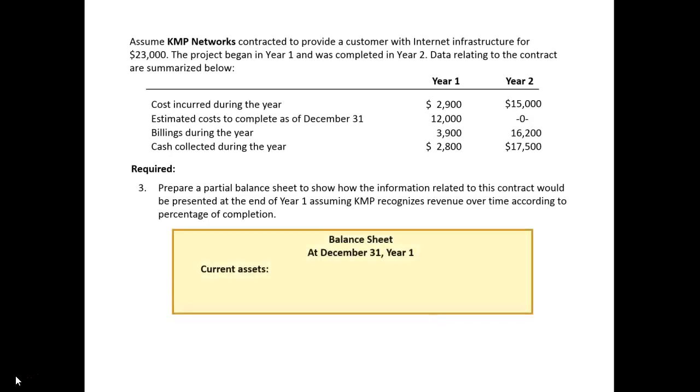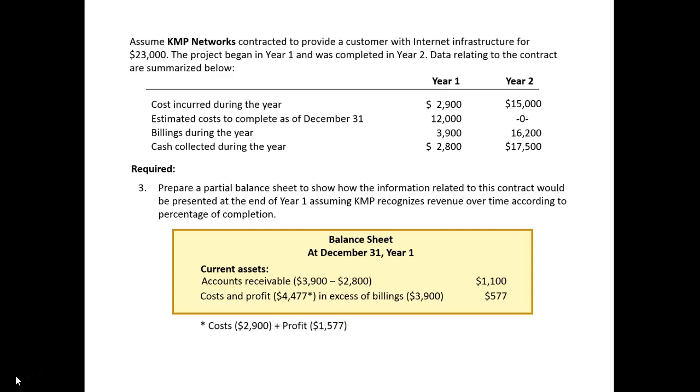We'll prepare a partial balance sheet to show this. We would show our accounts receivable, the $3,900 billings minus what was received would give us our accounts receivable in year 1 of $1,100, cost and profit in excess of our billings would show $577.